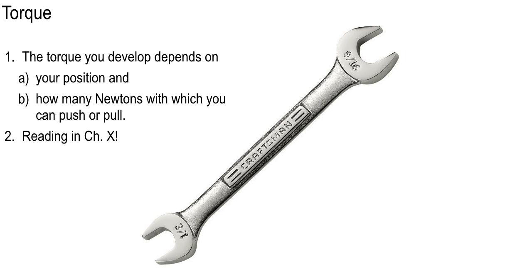Typical open-ended wrench. If you have a nut on a bolt that is really tight, sometimes you can't get it off with your hand, and so you got to get a wrench. And why is a wrench useful? Well, a lot of times you can twist it off, get it going with your hand.